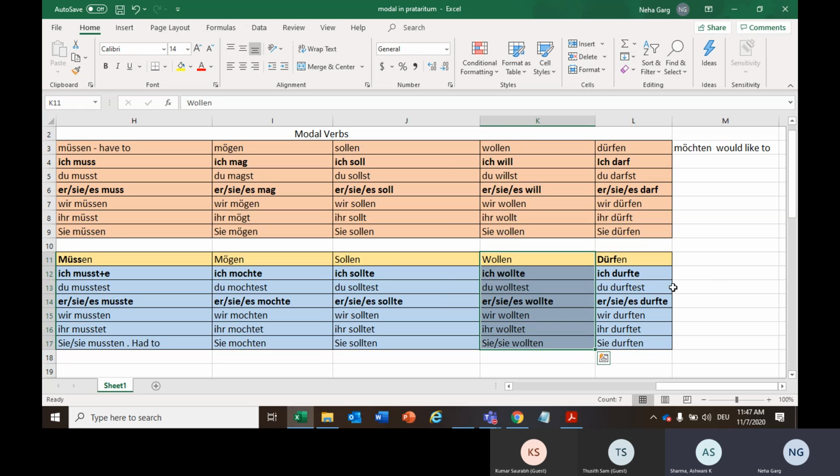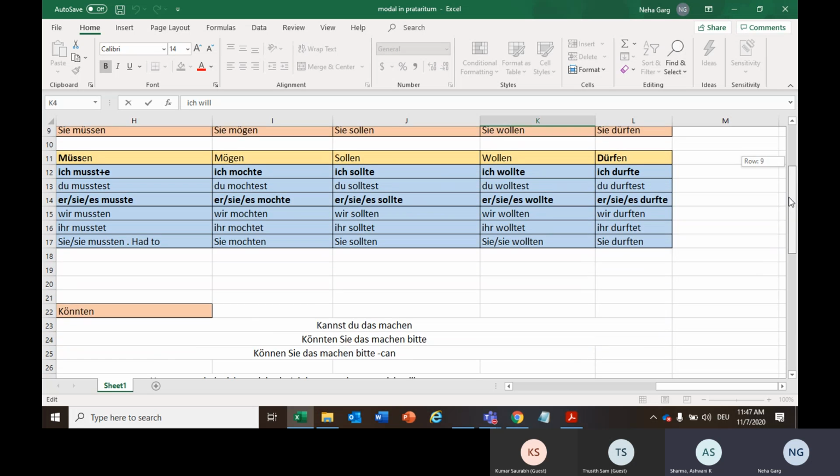Wollen, Sam, can you read that? I can read that. Okay, sorry. Yeah. So wollen, ich wollte, du wolltest, sie es wollte, wir wollten, ihr wolltet, sie wollten. Sehr schön. Now that means ich will, I want, aber ich wollte, I wanted.